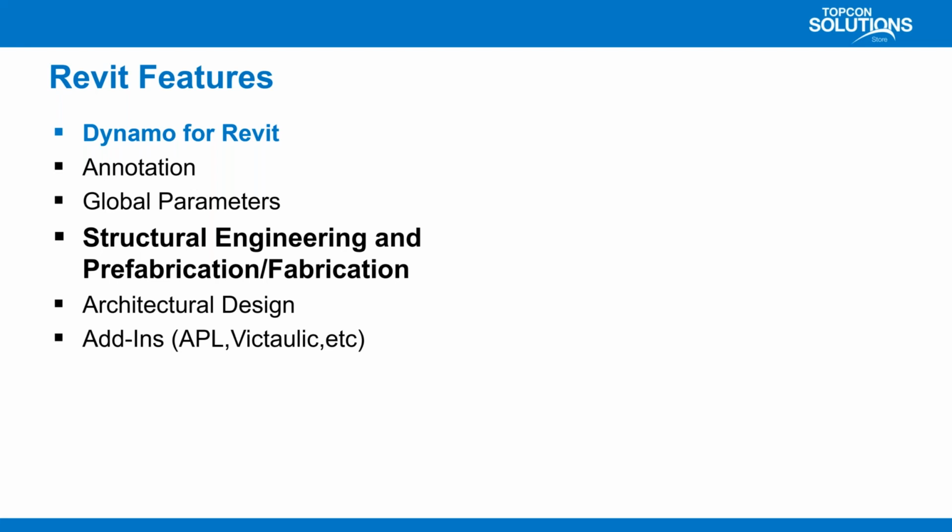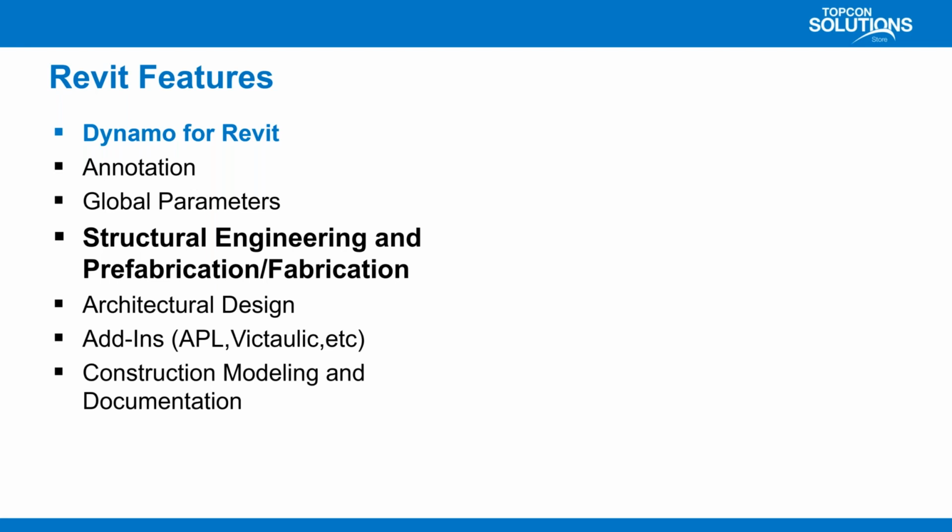We want to be able to do layout and maybe verify, stakeout, or what have you for different model elements and even existing conditions. We want to verify something is there and be able to stake it out, and I can know exactly where that is in my model when I need to design off of it. That's awesome. Or if you're just, like I said, doing layout, it's going to help a lot with maybe drywall tracks, I'm sure you all know, and then Victaulic with those awesome fabrication parts.